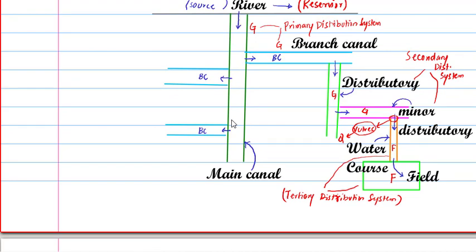They can be classified on the basis of their source or supply of water, on the basis of their functions, soil conditions, their lining, and their alignment. So in the next video, we will discuss in detail the classification of canals.